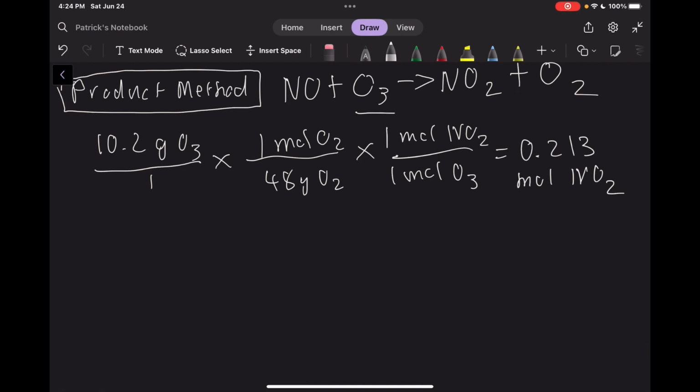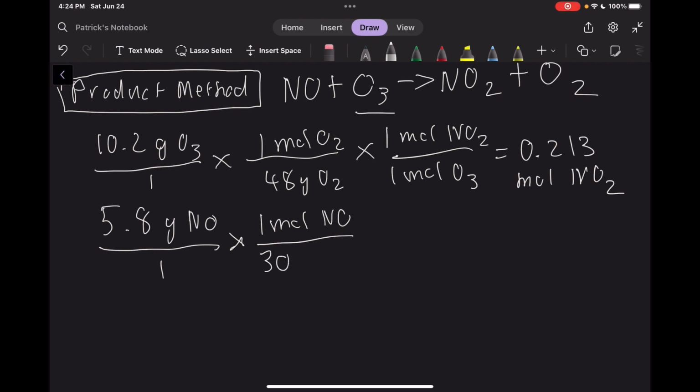Let's move on to nitric oxide, or NO. 5.8 grams of NO multiplied by the inverse of the molar mass of NO, 30 grams per mole, multiplied by the 1/1 ratio of nitrogen dioxide to nitric oxide.